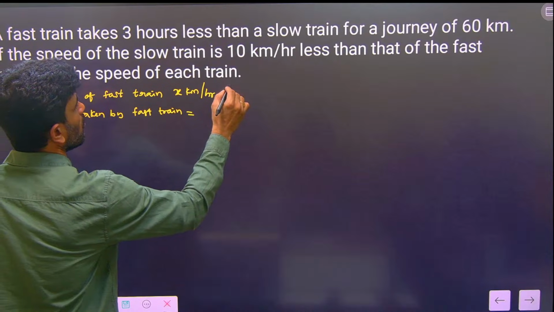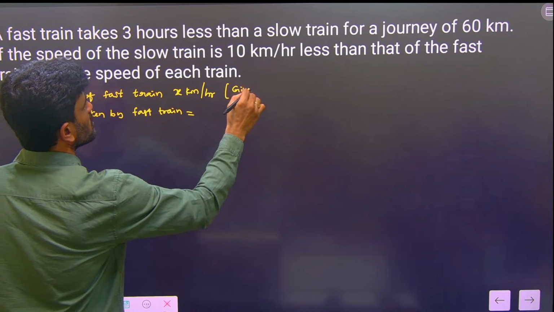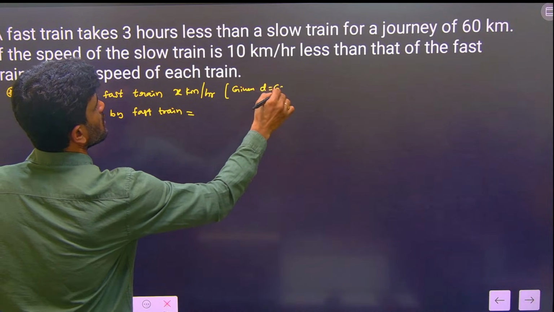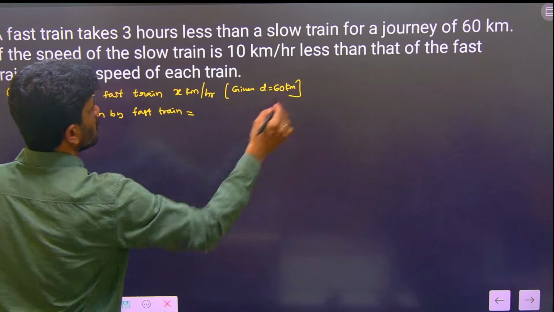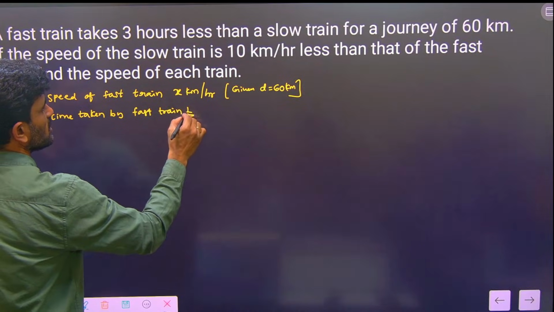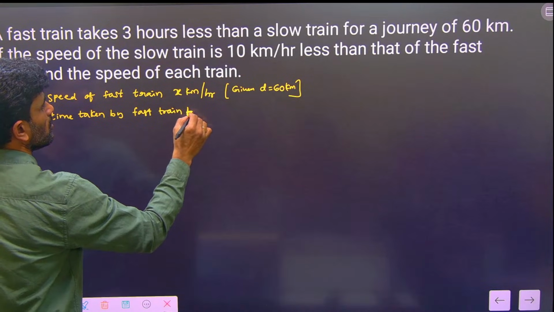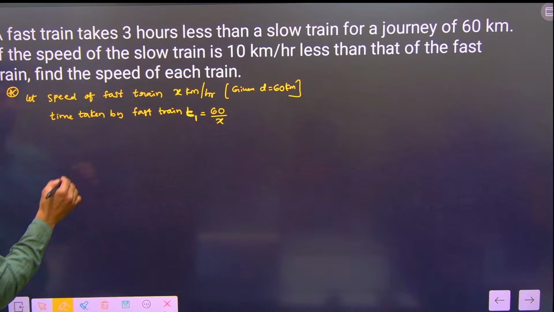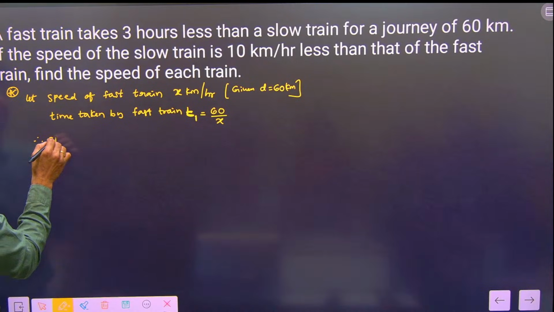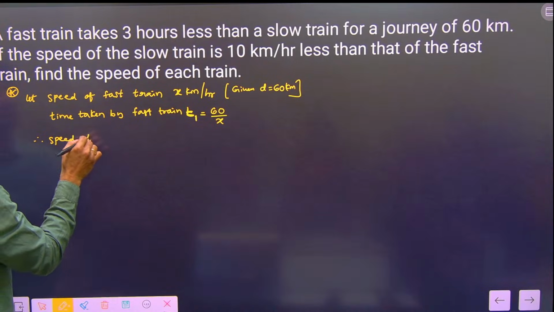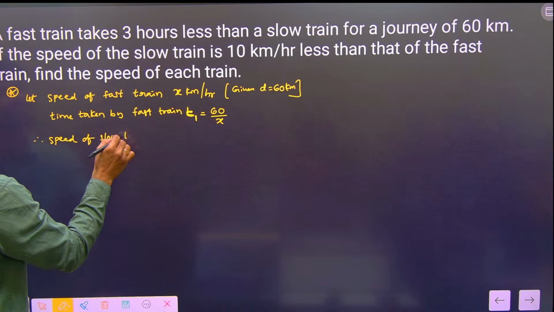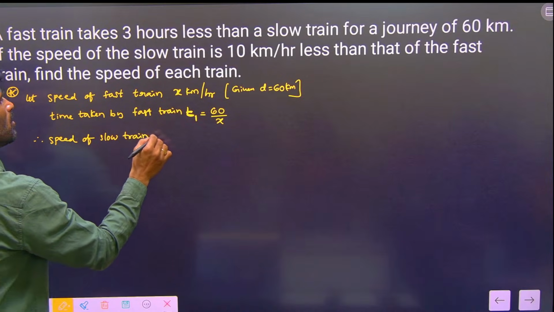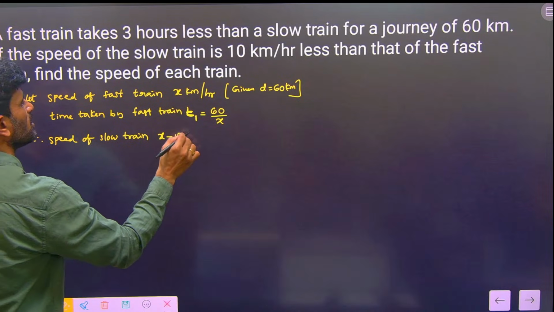Distance we know, how much is it given? 60 kilometers. So T1 is equal to 60 by x. Next, the speed of the slow train. How much will it be? x minus 10 kilometers per hour.